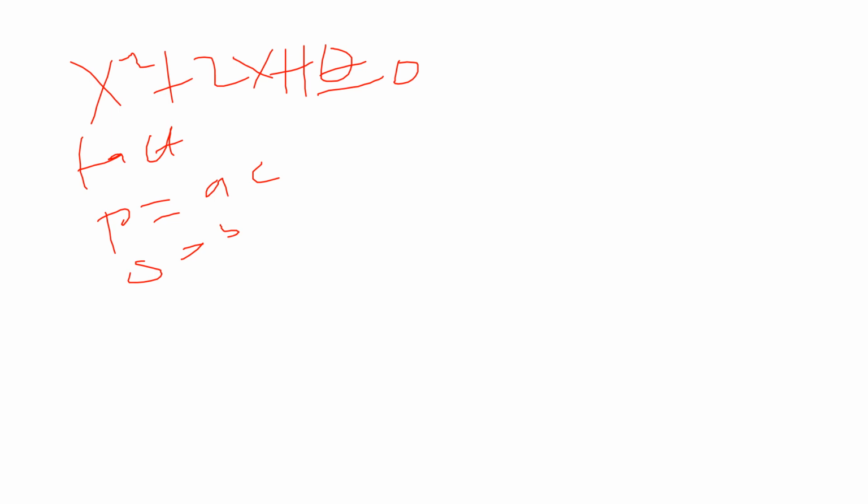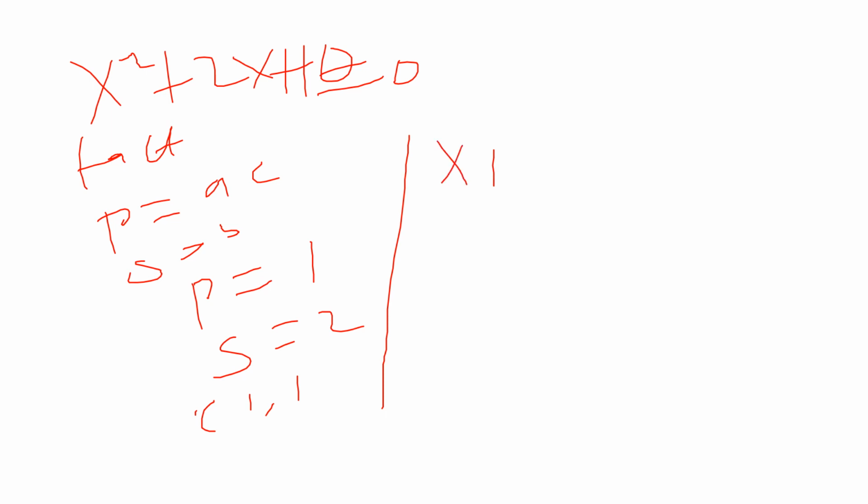In this case, our product is equal to 1 and our sum is equal to 2. So the two numbers are 1 and 1. So we substitute the coefficient of x with these numbers, giving x squared plus x plus x plus 1 equals 0.